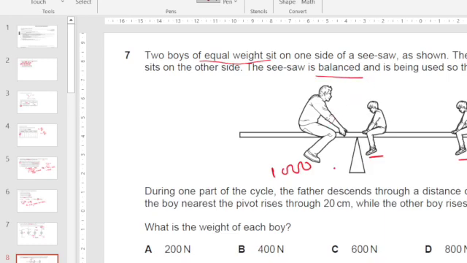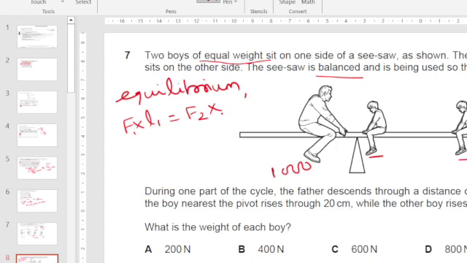So if it is balanced, it is in equilibrium condition, and we know that at the equilibrium or balanced condition, force acting on one end multiplied by the distance will be equal to the force acting on the other side multiplied by the distance.